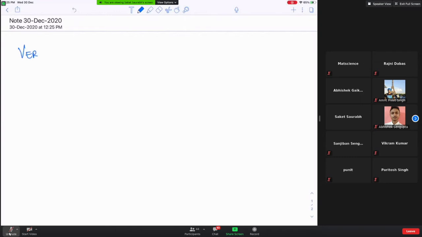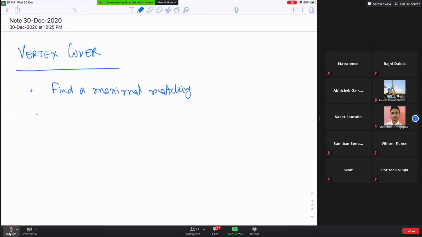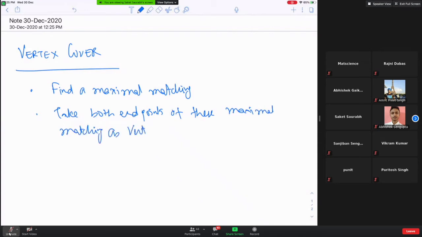We saw the following approximation, and it was very simple: find a maximal matching, and take both endpoints of this maximal matching as the vertex cover.